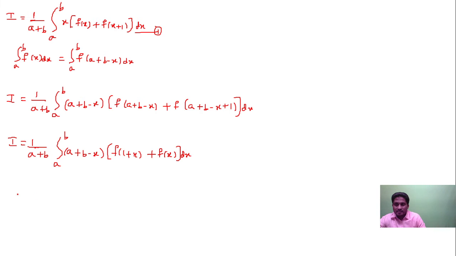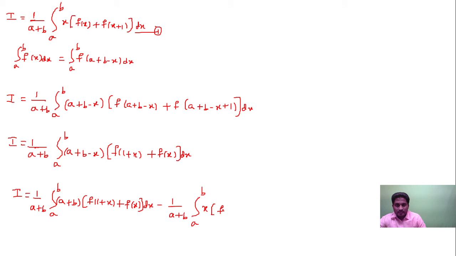Now if I multiply, I is equal to 1 upon a plus b, integration a to b. So this is integral a to b, so this is equal to a plus b, into a bracket you get f of 1 plus x minus f of x dx, minus 1 upon a plus b, integral a to b, this will be equal to x into a bracket, you get f of 1 plus x plus f of x dx, close the bracket.